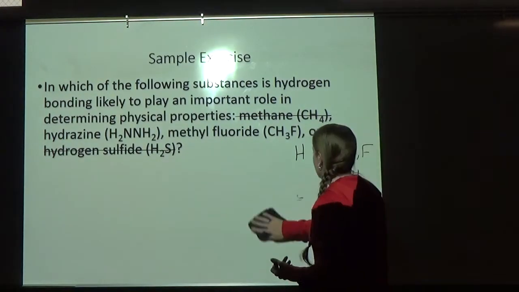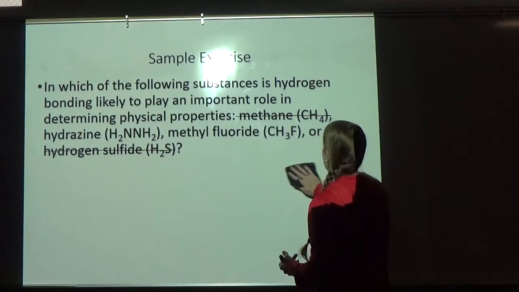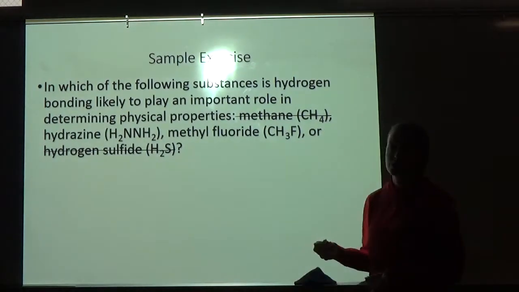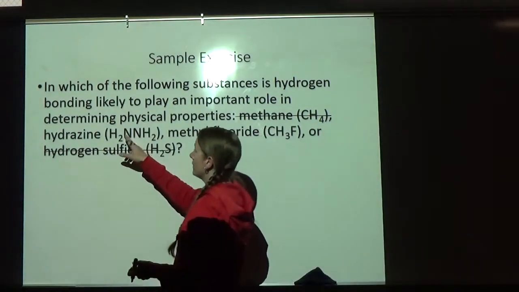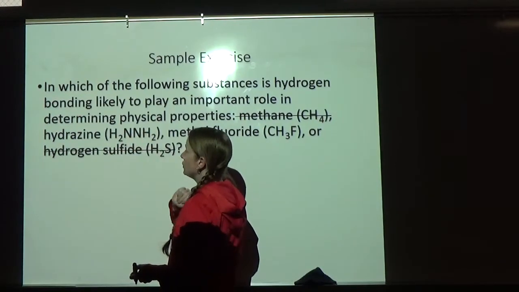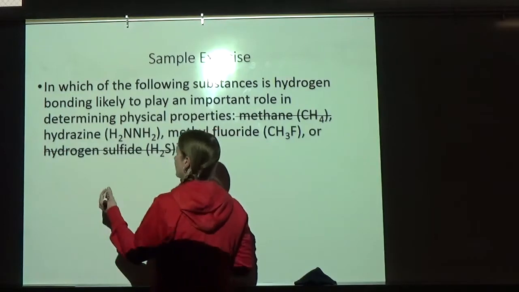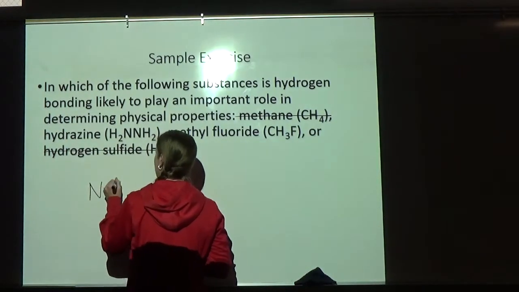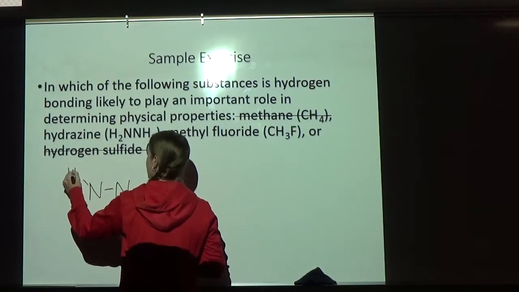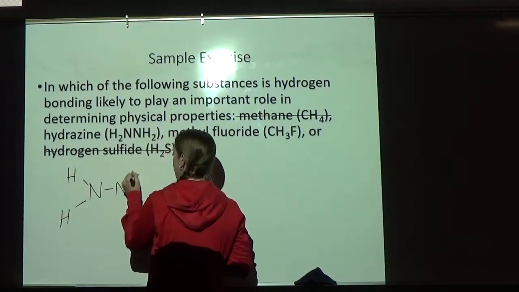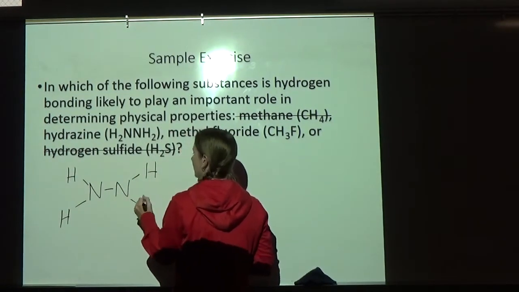So let's look at the setup of the molecules. In this one, we have H2NNH2. This is set up the way you would draw it. We have our two N's in the middle that are bonded, and we split up our H's between them. Let me add up my valence electrons real quick.